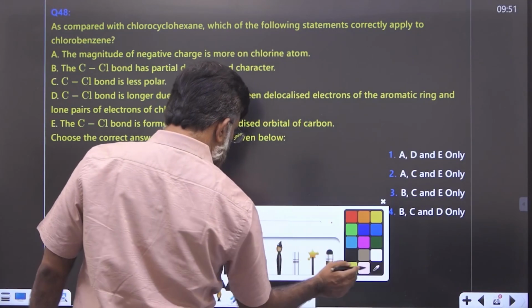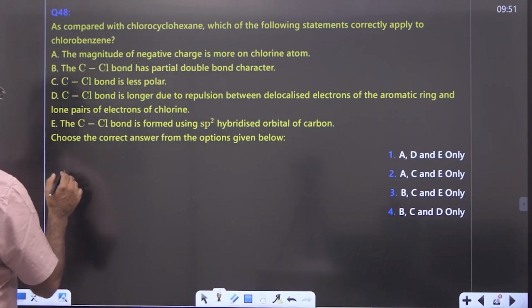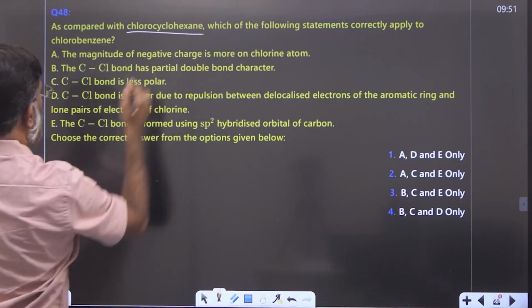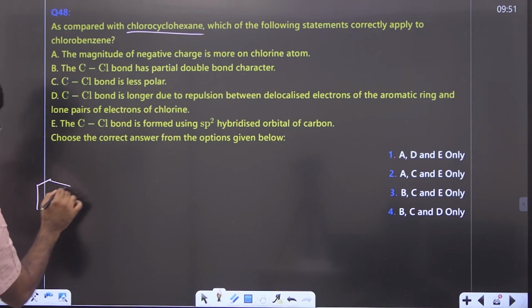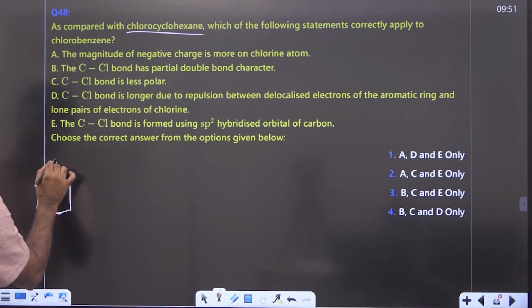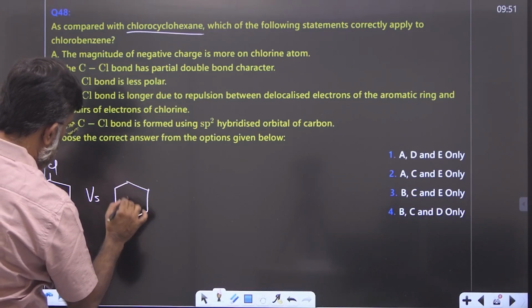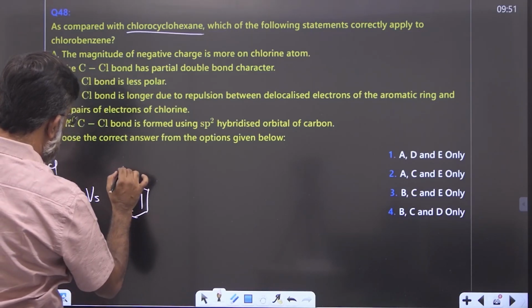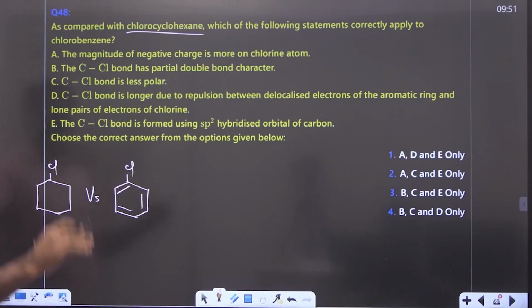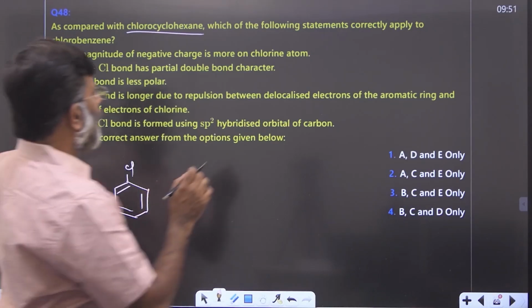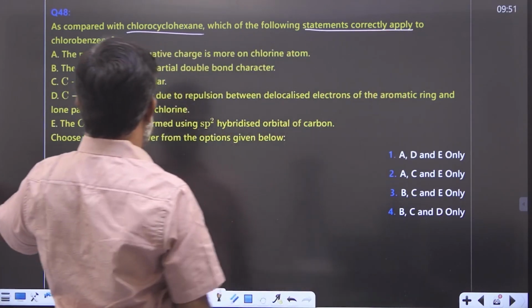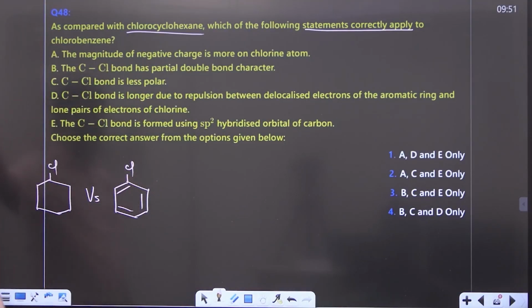So the comparison is between chlorocyclohexane versus chlorobenzene. This is our scenario.